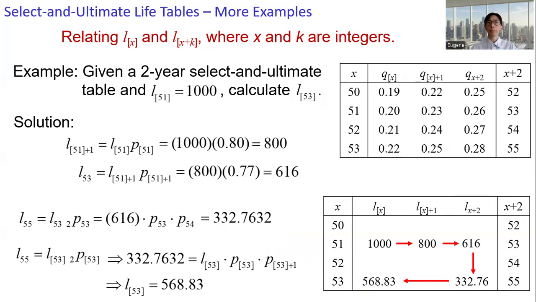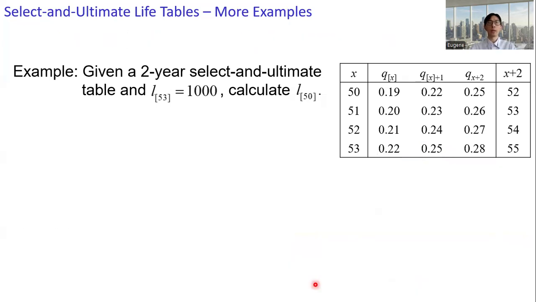The next example. Given the same two-year select and ultimate table, and we are given that L53 select age equals 1,000, calculate the expected number of survivors for a group of individuals at select age 50.